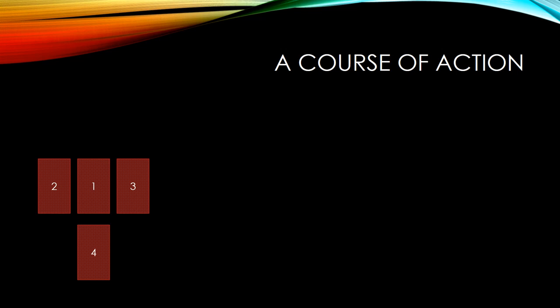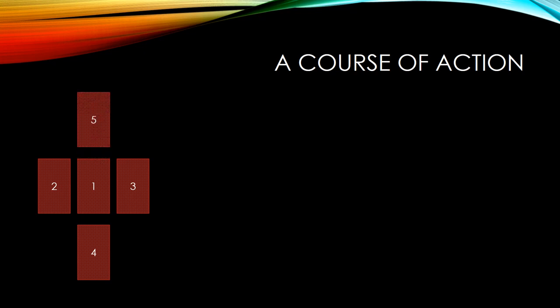There's a dozen different reasons why you would come to a tarot card reader, but one of them is that you don't understand what's going to happen. But card number 4 in the course of action spread is the reason why your subject is coming to you to ask this question. Why do they need to know? What's the reason behind asking?